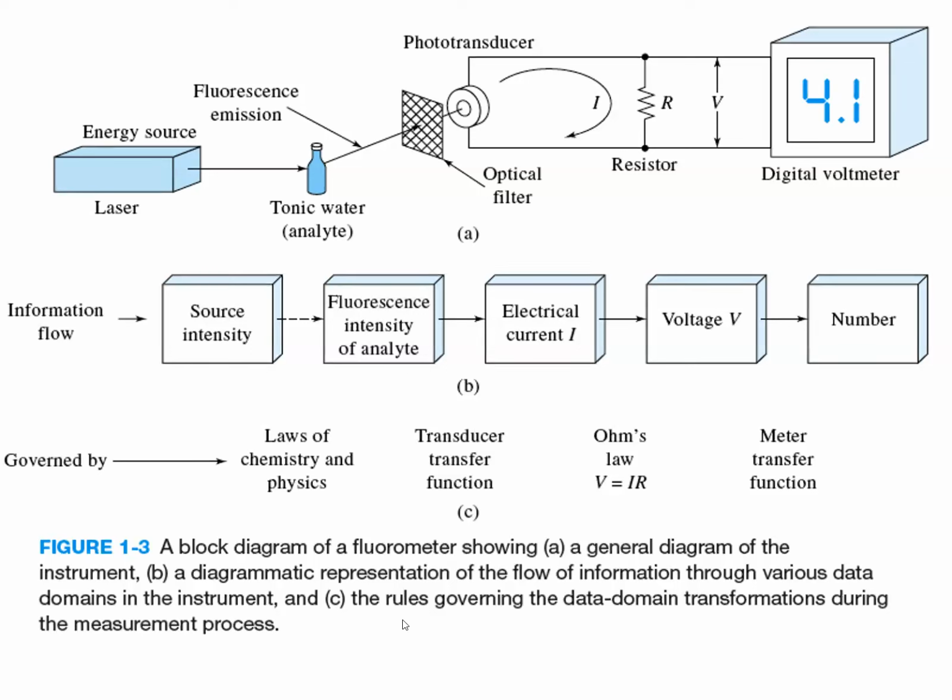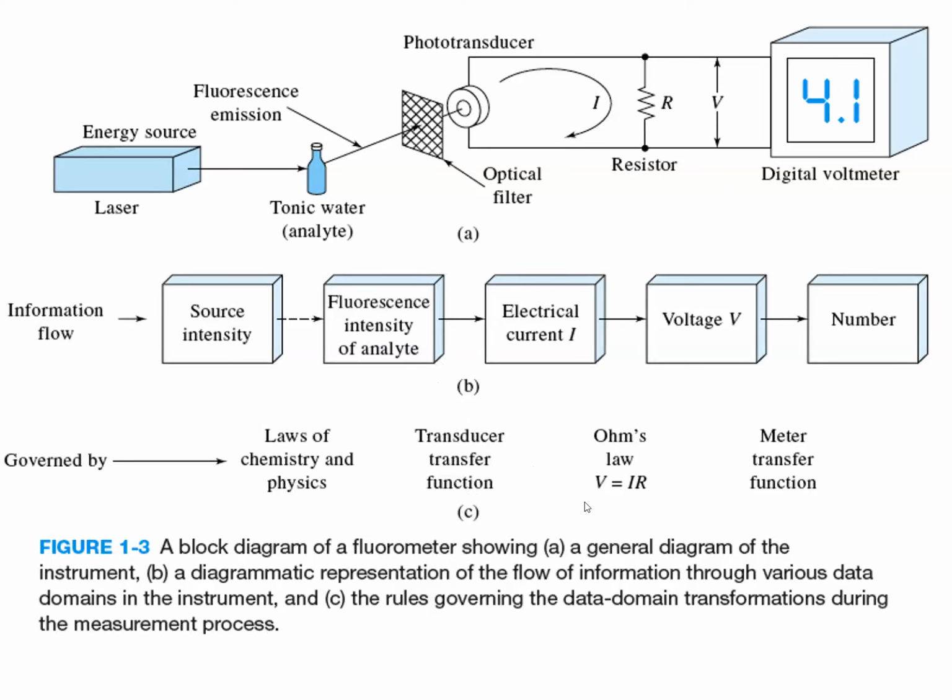So notice part C, these are the rules that govern the data domain transformations during the measurement process. What are the rules governing the data domain translations or transformations? These are governed by laws of chemistry and physics. And in this case, there is a transducer, and so the transducer has its function. And when we talk about a function, we're talking about the physics of that particular transducer.